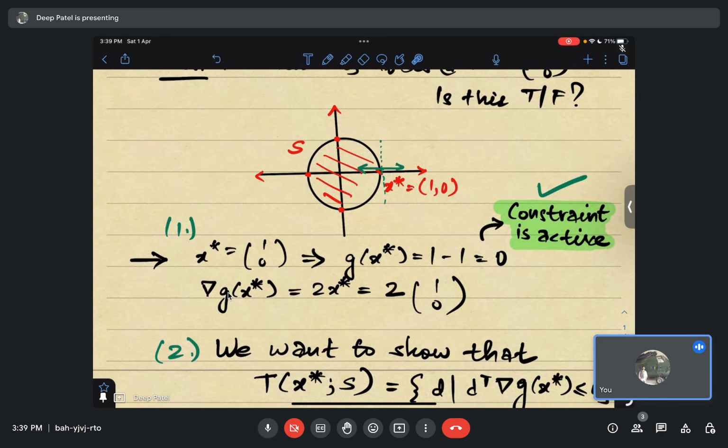Can you directly say something about the tangent cone at this point? You can specify it as in analytical geometry: all the points which are left of the x equals 1 plane are my directions. So how would I represent it as a set?